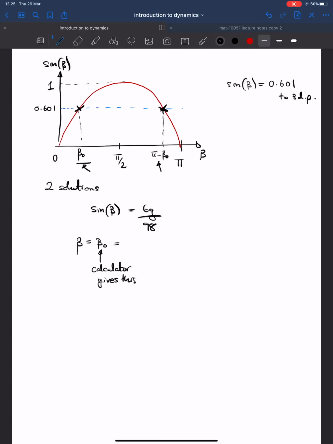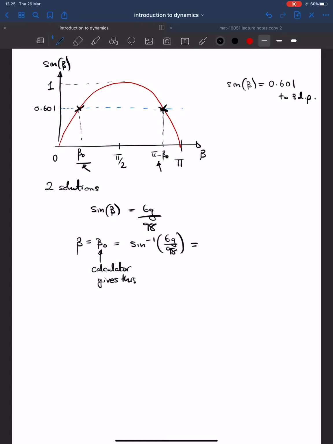Right, okay, so I just need to step to one side and calculate sine inverse of 6g over 98. Good.